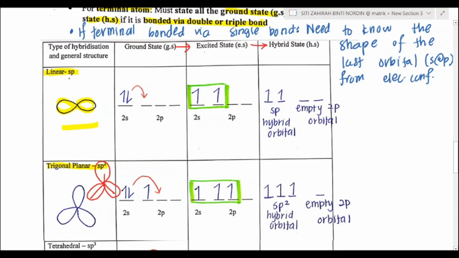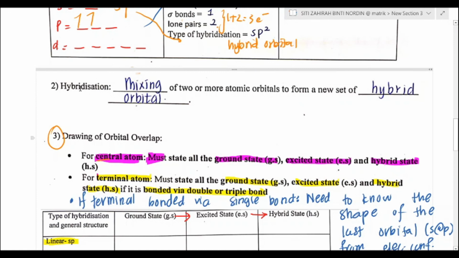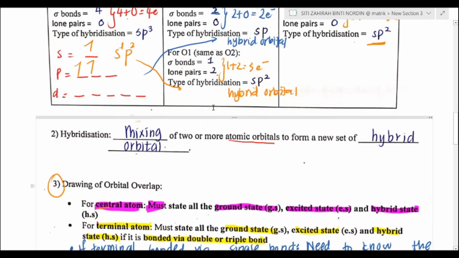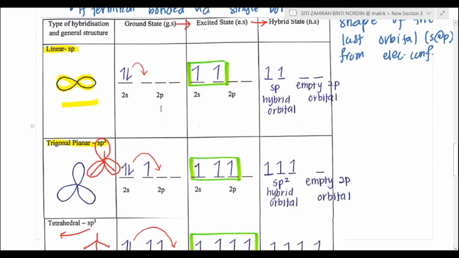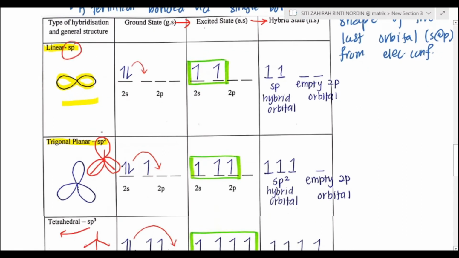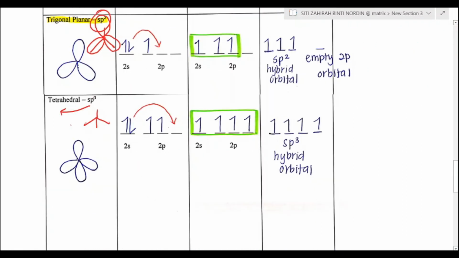So remember, what does it mean by hybridization? It is a mixing of two or more atomic orbitals to form a new set of hybrid orbitals. So before this, we only learned about s, p and d orbitals. So now we're going to combine them all together to become sp, sp2, sp3.